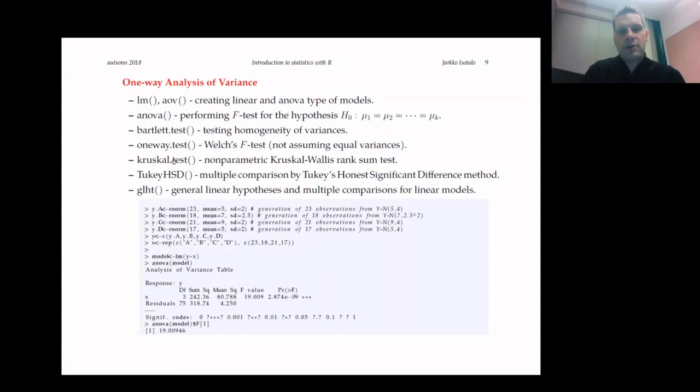Then we have what is called the Kruskal-Wallis rank sum test, which is non-parametric and also tries to consider whether these population means are at the same level or not.